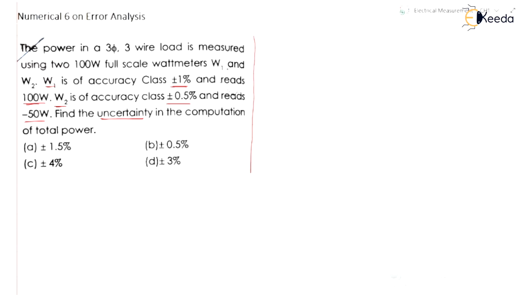Now in a 2 wattmeter method, the total power W is equal to W1 plus W2. Next, the reading of the first wattmeter, W1, is 100 watt.